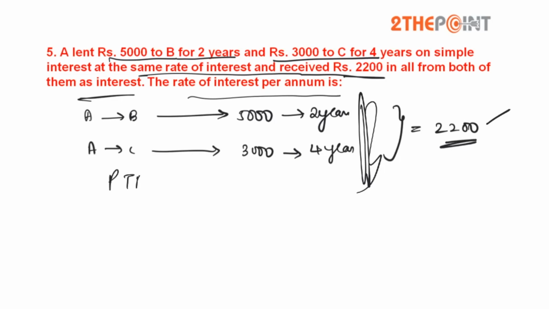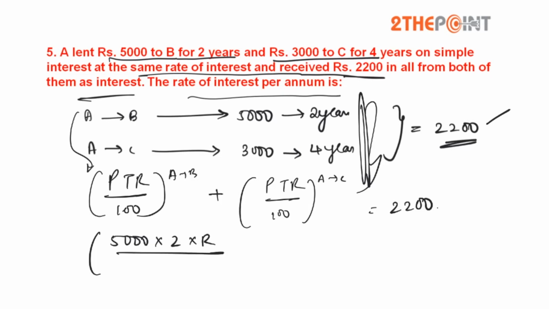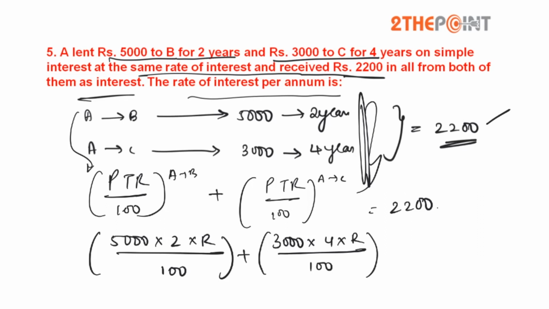That is PTR by 100 of the first one, where A lent to B, plus PTR by 100 where A lent to C, which is equal to 2,200. 5,000, time period 2 years, rate of interest unknown, by 100, plus 3,000 into 4 years into rate of interest by 100, which is equal to 2,200.